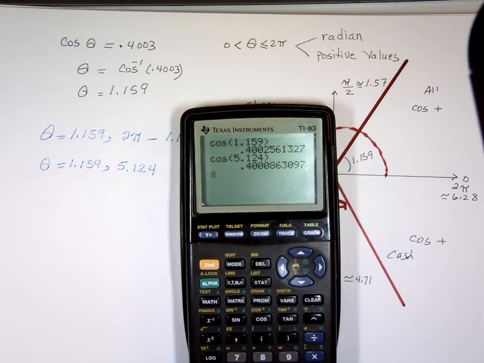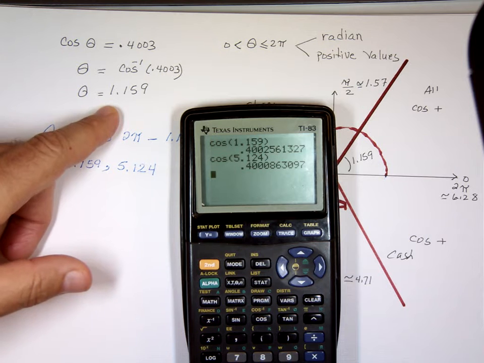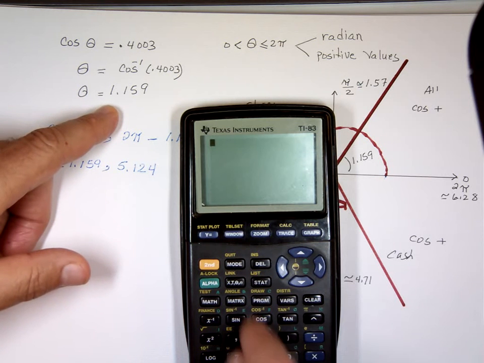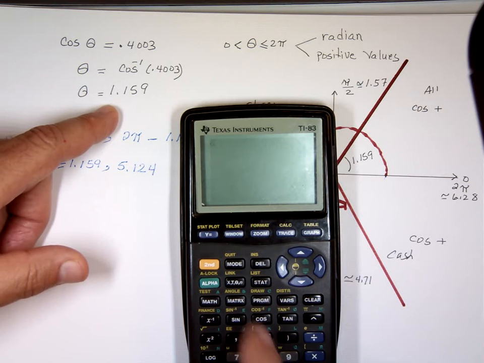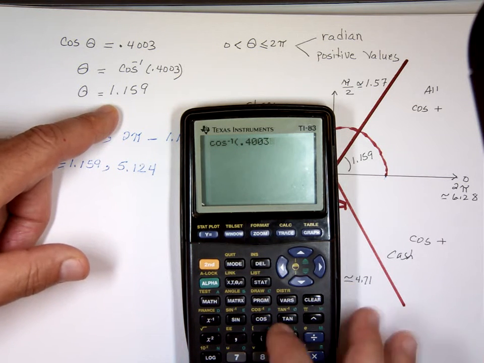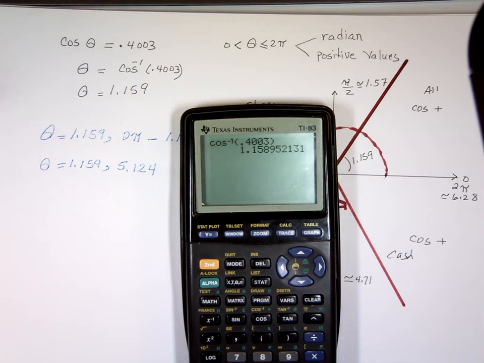If I carried all the digits, you will see it's now 1.158952131. So if I use all these numbers, I will have a better answer. I'll hit it right on the money. And the other will be 2 pi minus that number.